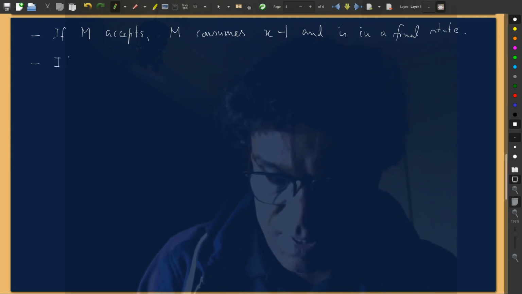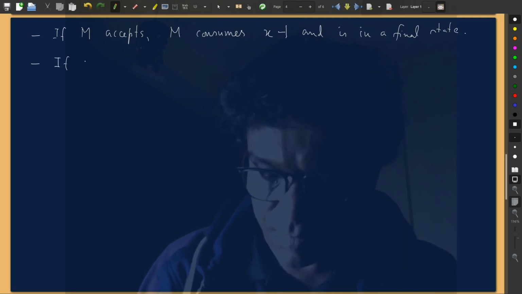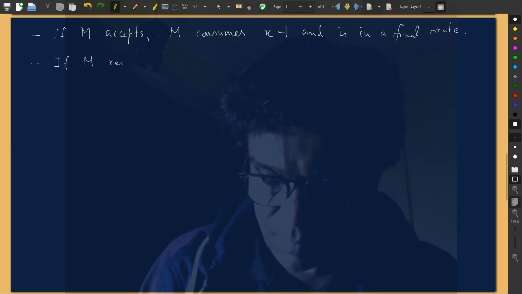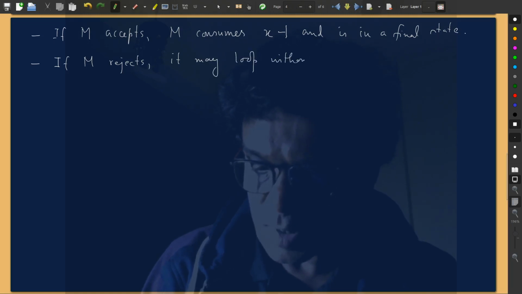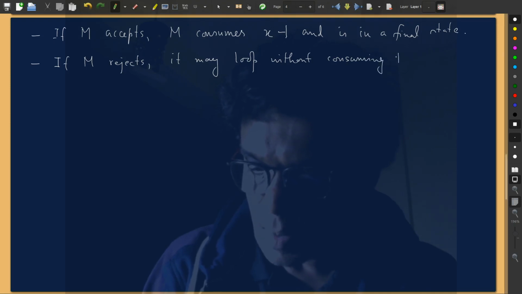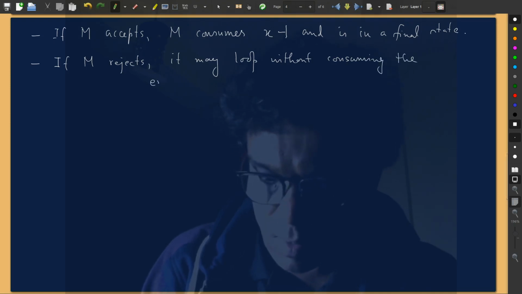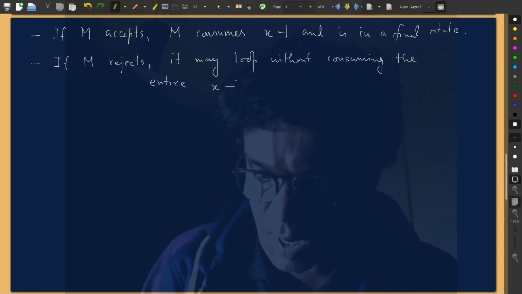But if M rejects, so this is an if and only if condition, but if M rejects, it may loop without consuming the entire input, which consists of both this and this.